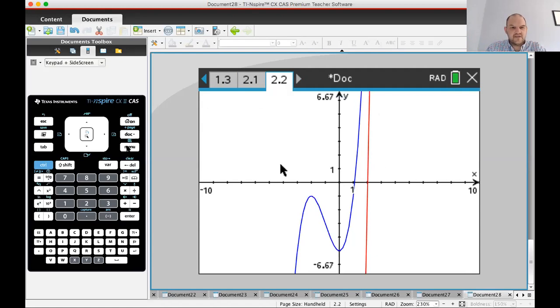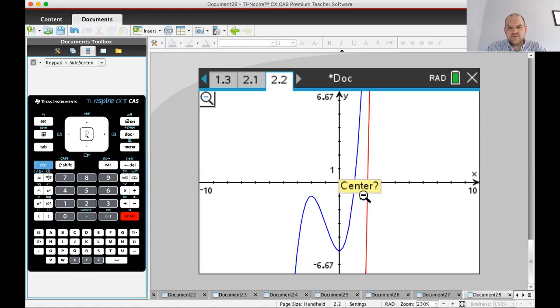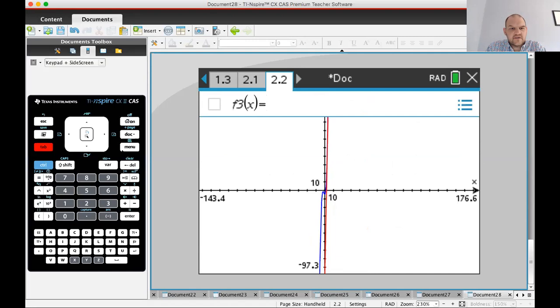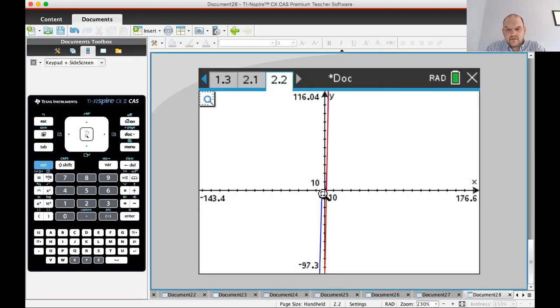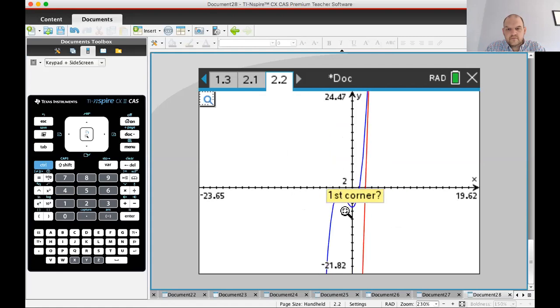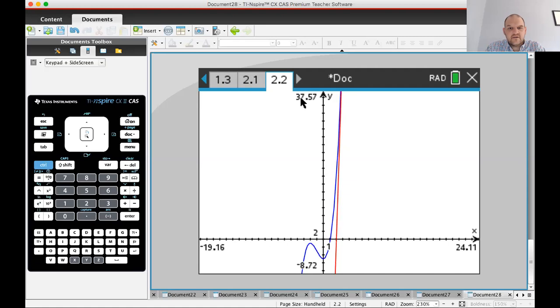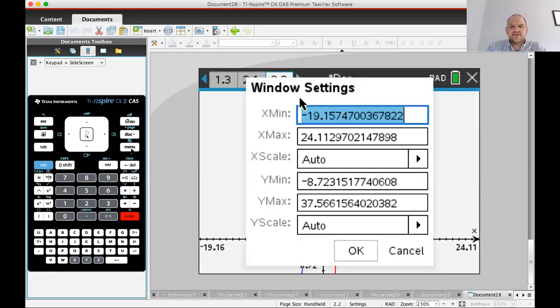That's crazy big. Let's zoom out a bunch and then maybe zoom box around the interesting part. So menu for box. Nope, not good enough. What the heck? Let's change the window. I'm going to go to window settings. All right, so 3.2 is where we're interested.